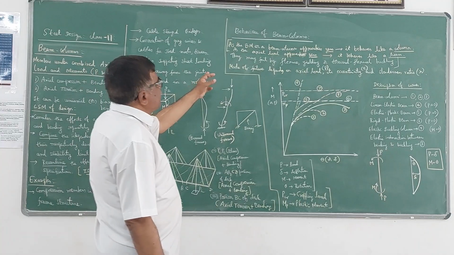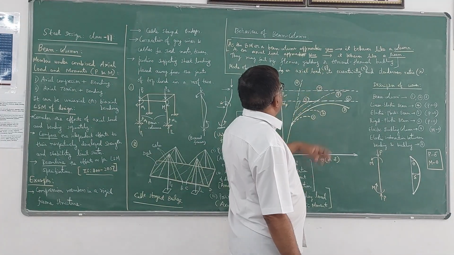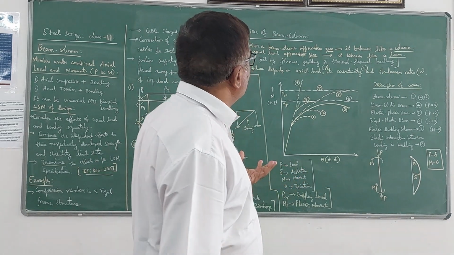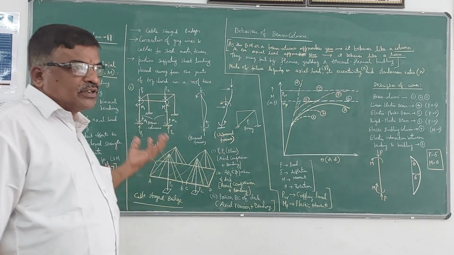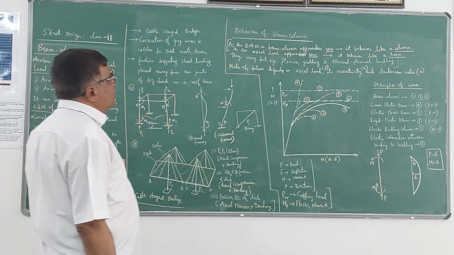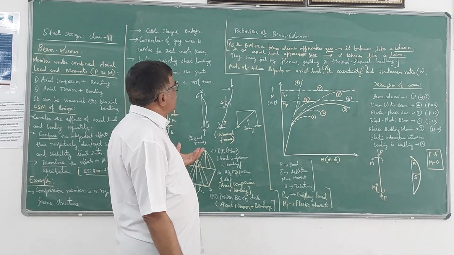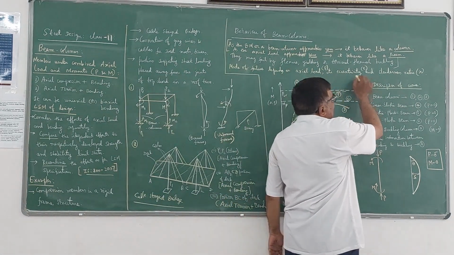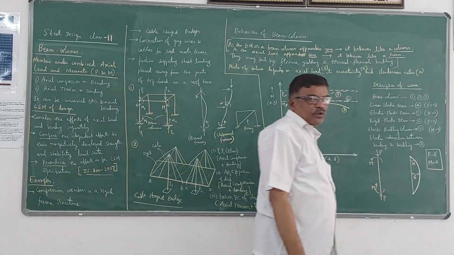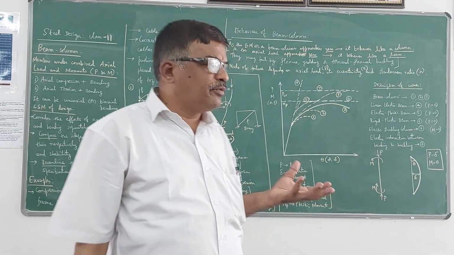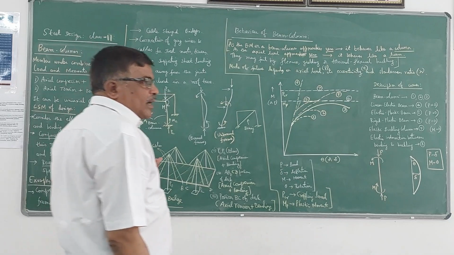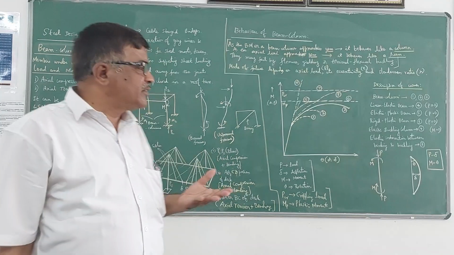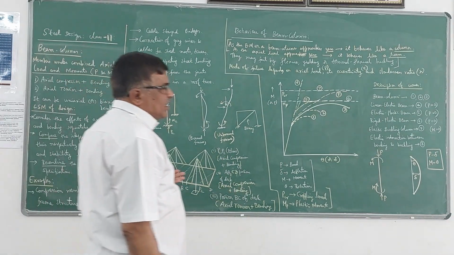The second point is they may fail by one of these criteria: flexure, that is bending; yielding; or torsion, flexure, buckling. So these are the 3 modes of failure of beam columns. But the mode of failure depends on the axial load, its eccentricity, and slenderness ratio, etc. If it is an eccentrically loaded column, then definitely moment will be there, that is P into e, and it also depends on the slenderness ratio.